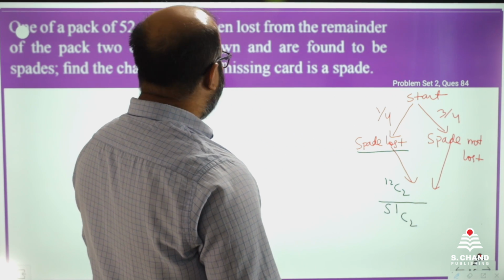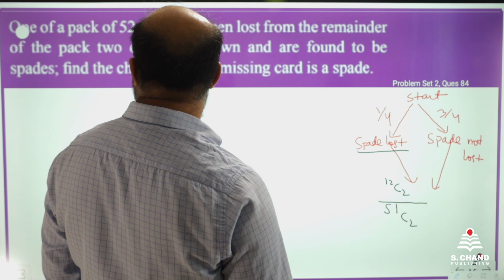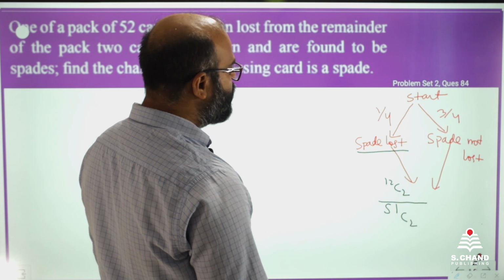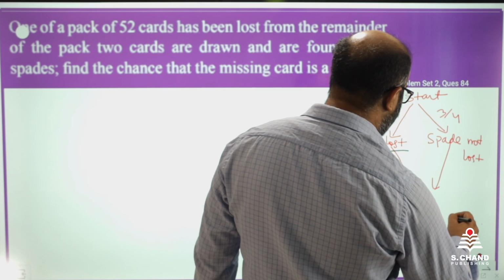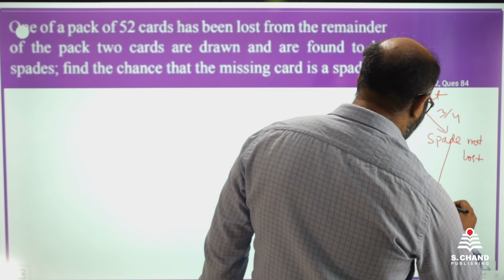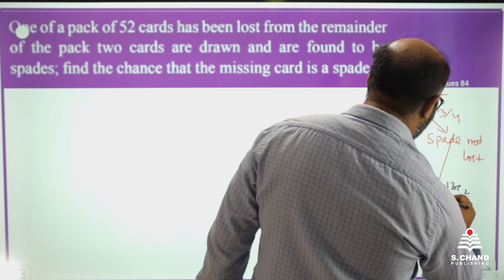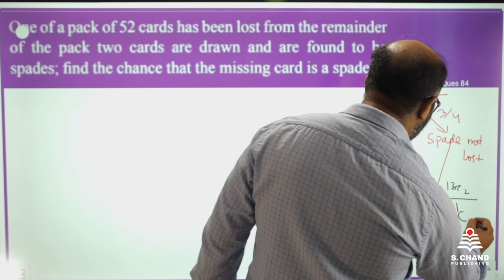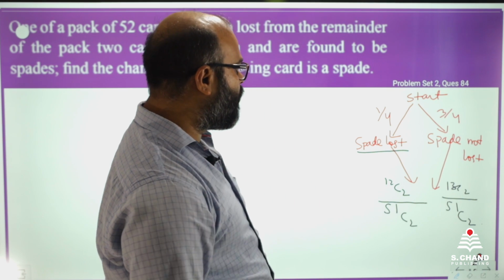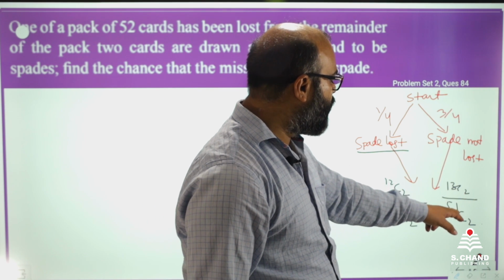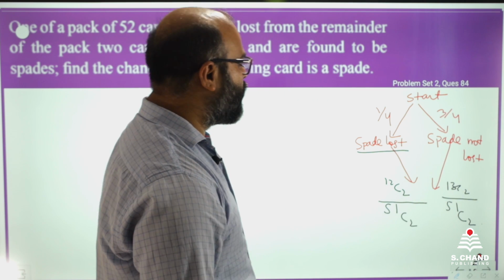And if a spade is not lost, that probability is 13C2 by 51C2. That is, out of 13, two cards are spades, and out of 51 you are taking two cards.